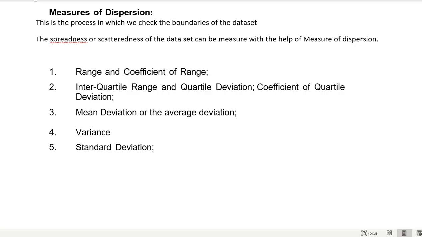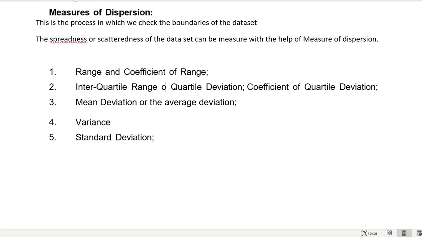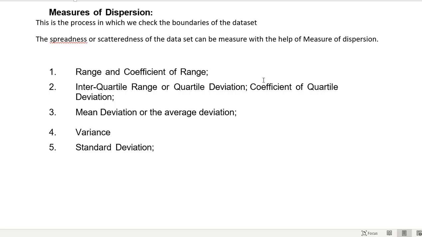The first one is known as range. Its relative term will be the coefficient of range. The second one is known as interquartile range, or some people call it quartile deviation. Both are the same thing. This is the absolute term, and the relative term for this quartile deviation is the coefficient of quartile deviation.